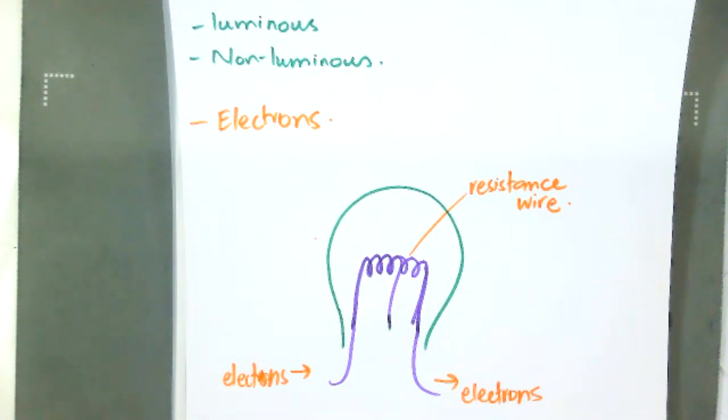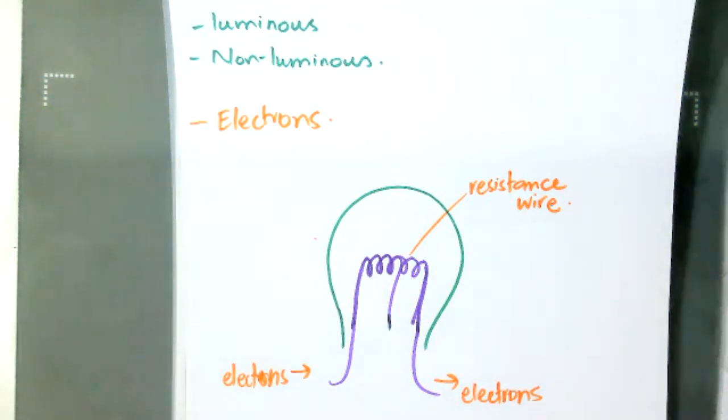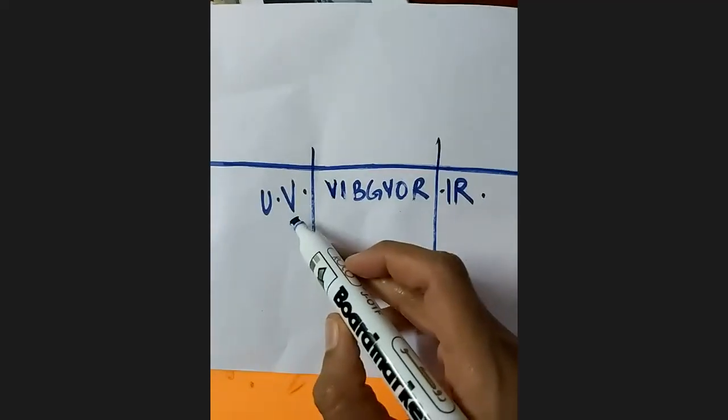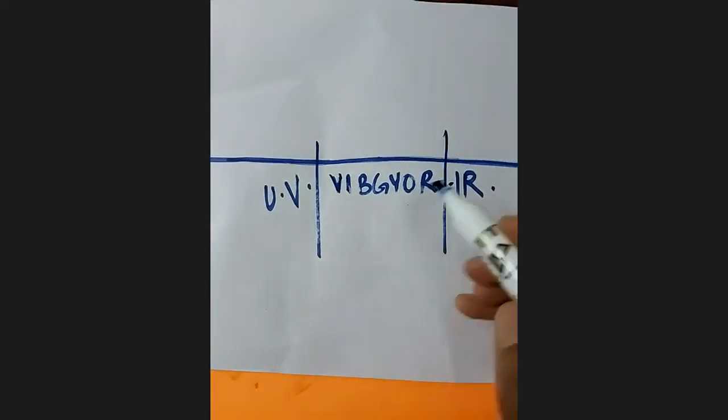Now, if you remember the electromagnetic spectrum we discussed in our last physics class, the visible part is VIBGYOR. When we have all those colors together, they give us white light. On one side of VIBGYOR was infrared, and on the other side was ultraviolet.